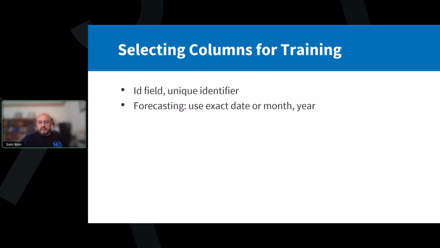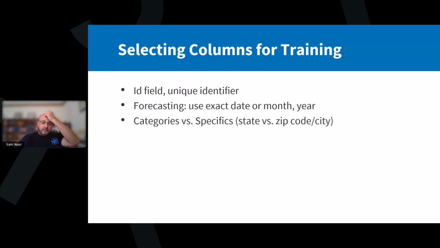If I am forecasting, again, dependent on my objective statement, what is it that I'm trying to accomplish? Do I need to drill down to the exact date, or will a year simply suffice, or a month/year? Also, in some cases, I may want to look at categories as opposed to specifics.